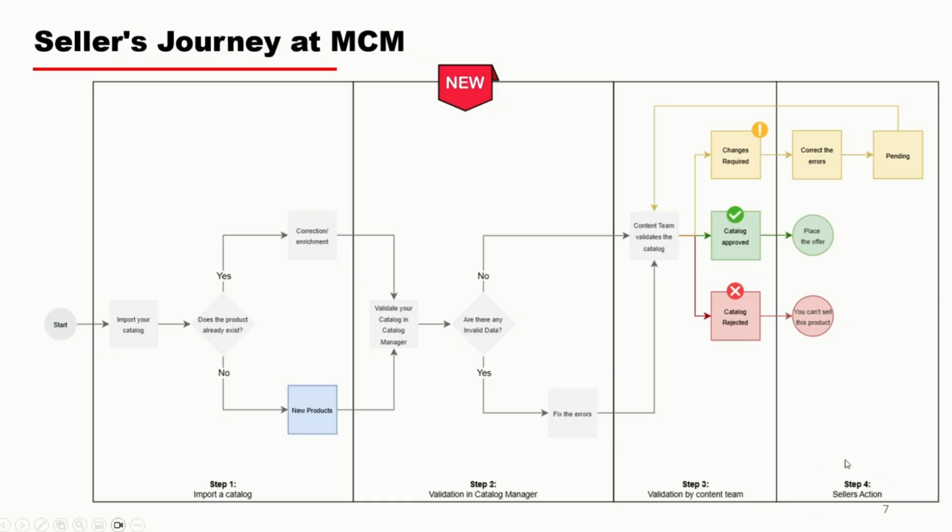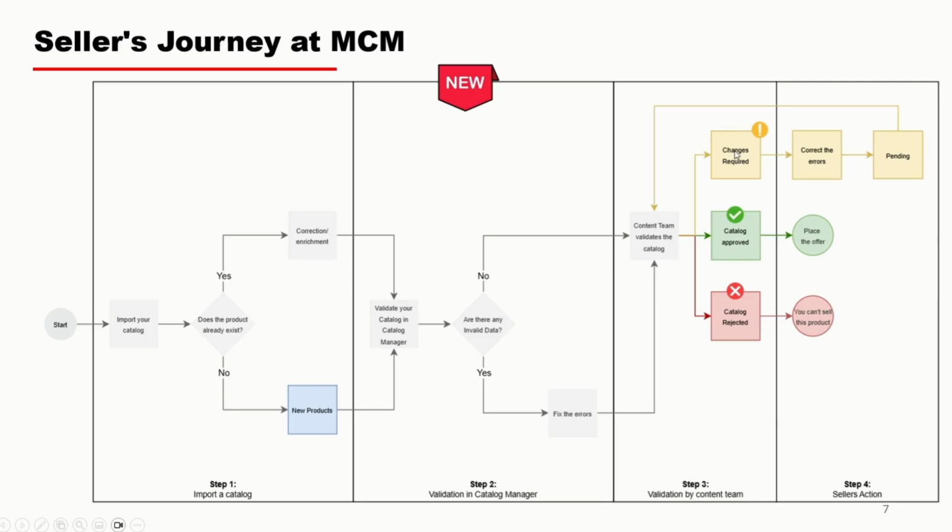4. Seller's action. Based on the feedback from the catalog team, the seller will need to take action. For accepted products, the seller should proceed to create an offer for them.